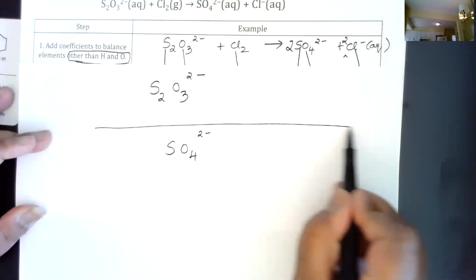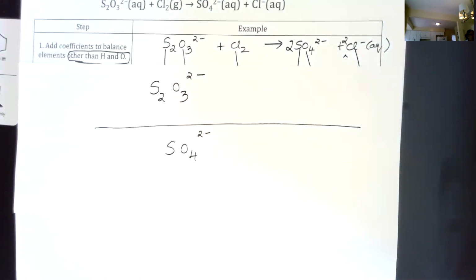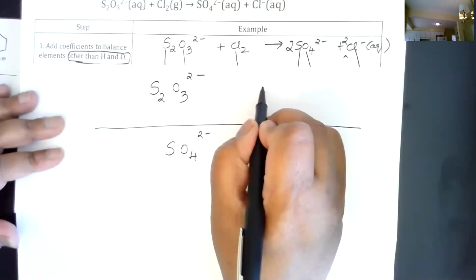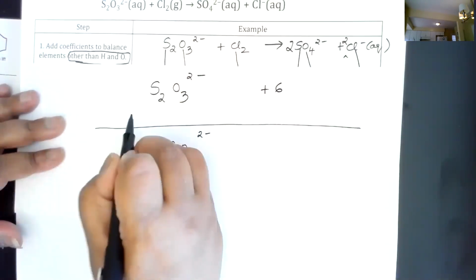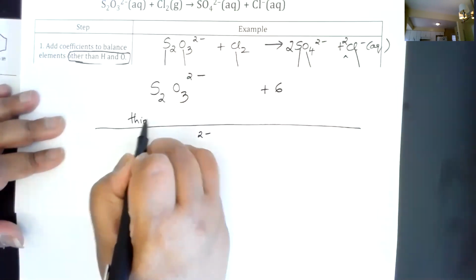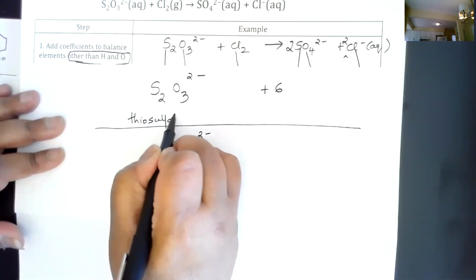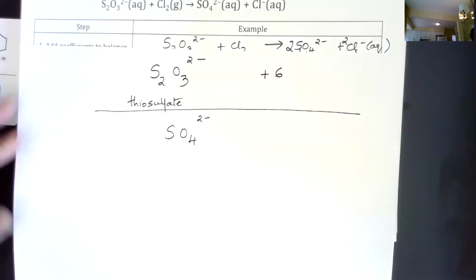Jessica, what do you have for the sulfur in the thiosulfate? The first one is thiosulfate. Is it +6? You get something other than 6?